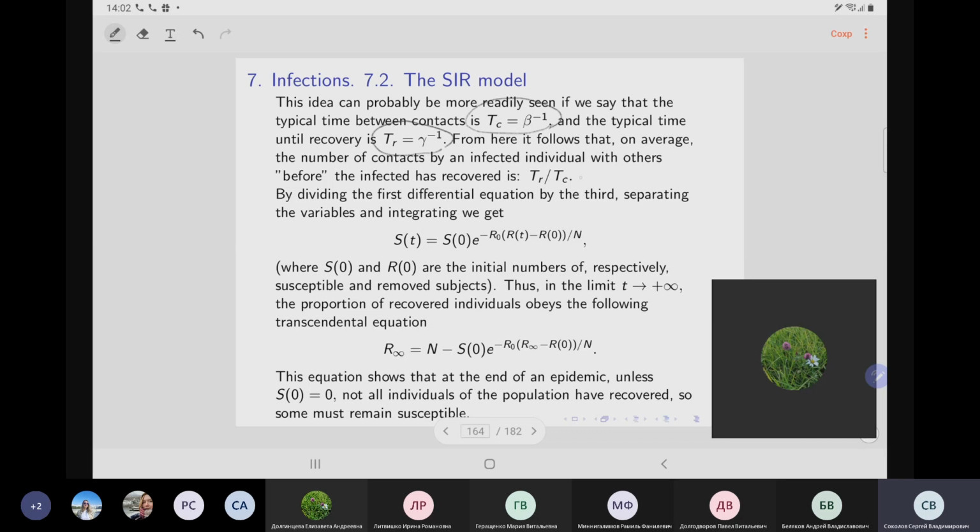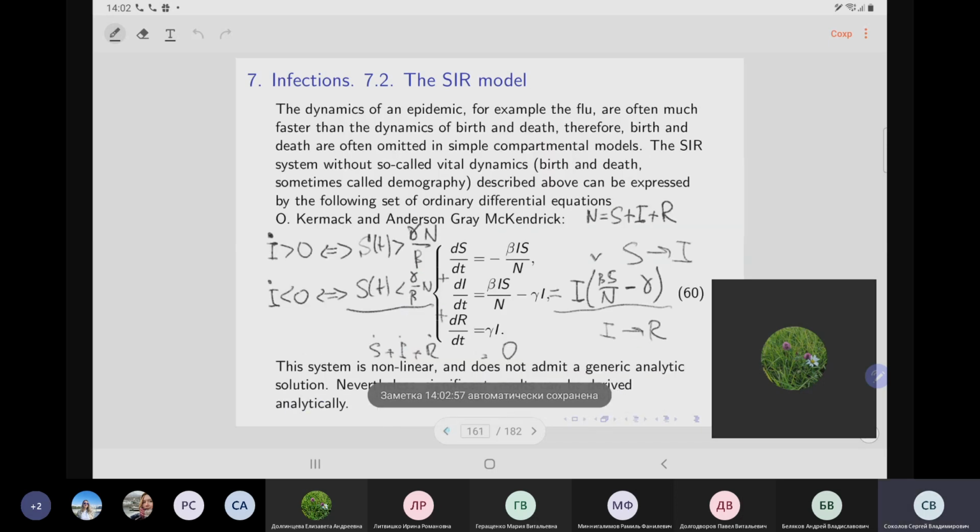One more thing, we can consider the first and the third equation, and we divide the first by the third.